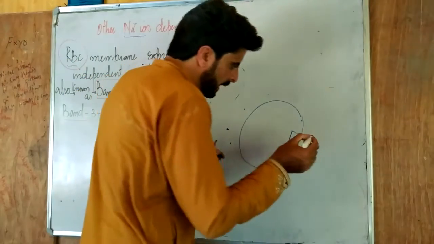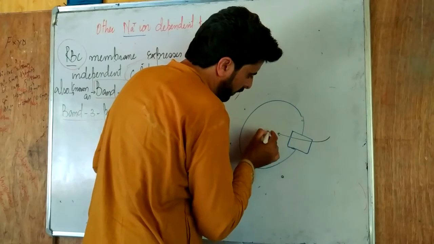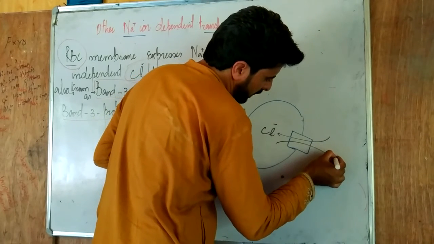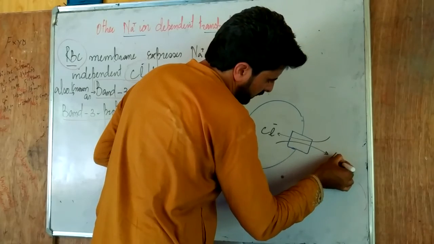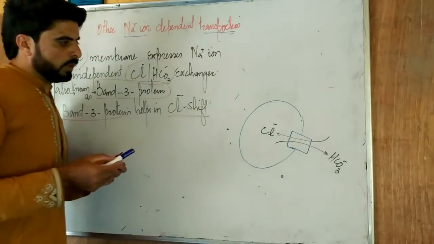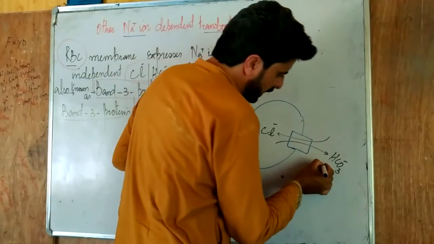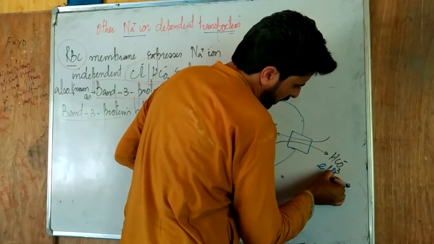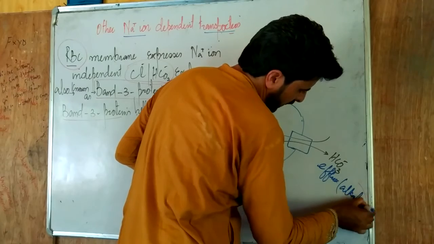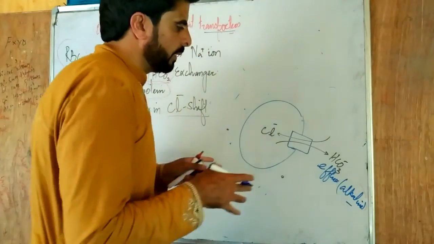What it leads to is influx of chlorine ions coupled with efflux of bicarbonate ion, HCO3 negative. Now this bicarbonate is effluxed here. Efflux means it's expelled out. Now it is maintaining an alkaline medium external to the plasma membrane, external to the RBC.